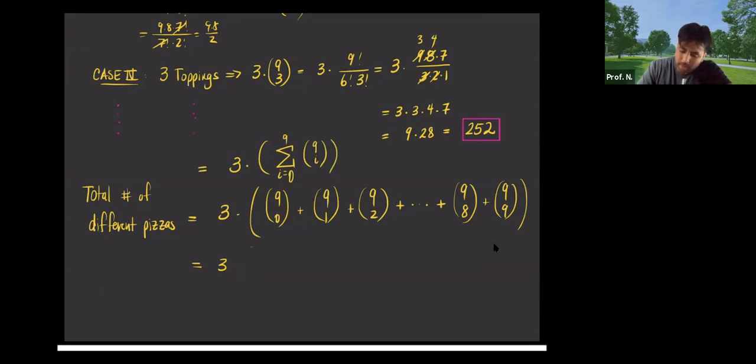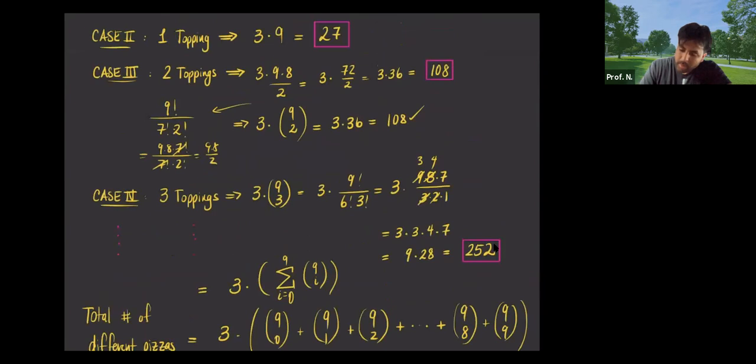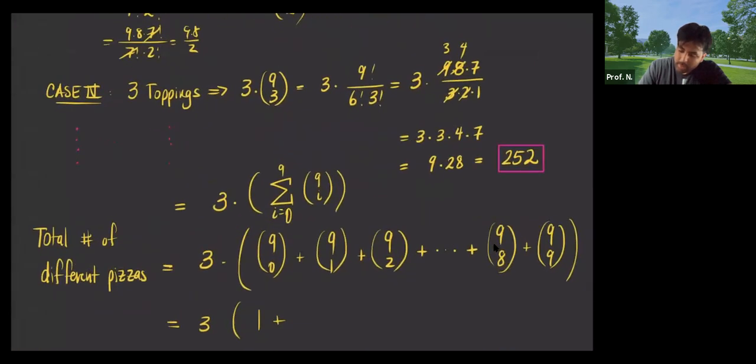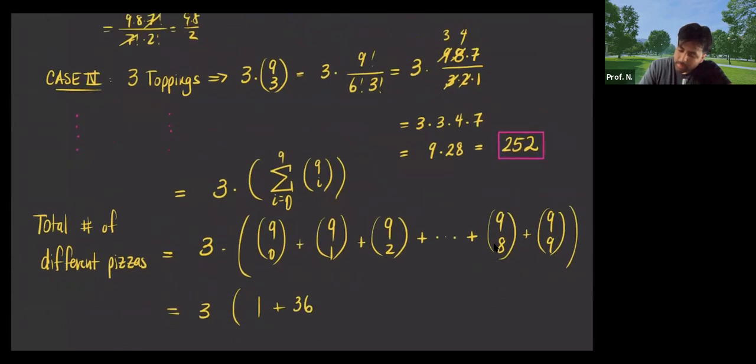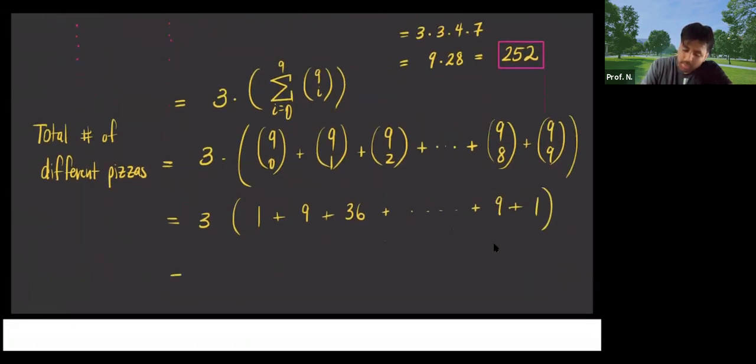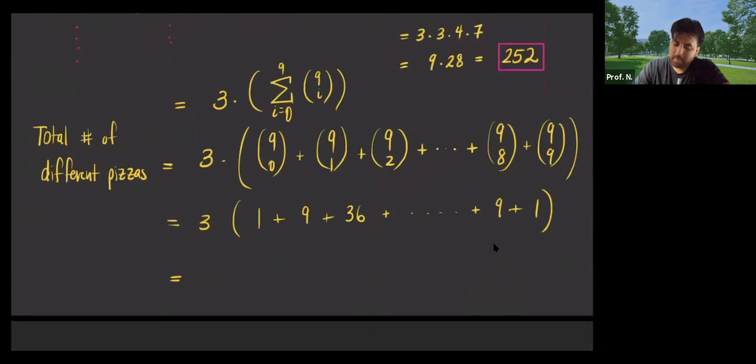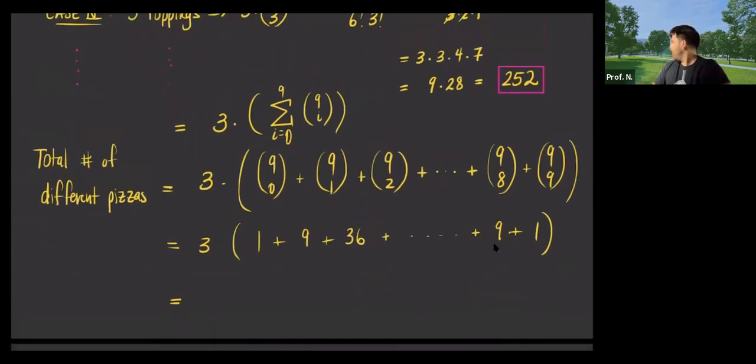So this is 1 plus 9 plus 36 ... plus 9 plus 1. So can anyone tell me what this number is? Anybody have a calculator on? Can you guys compute what would be the sum of all of this?